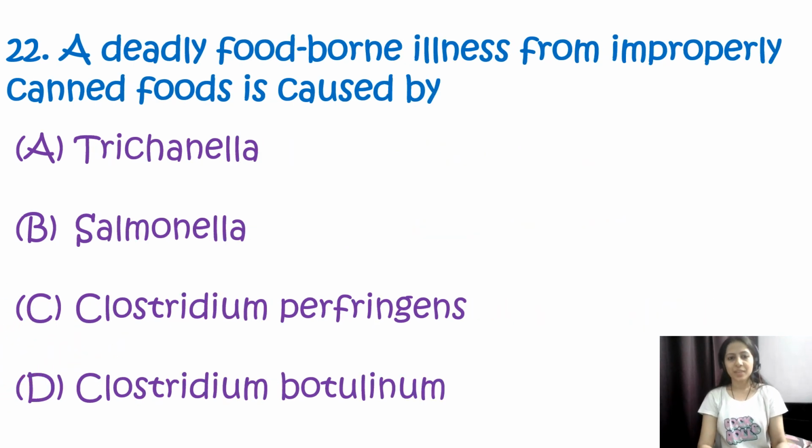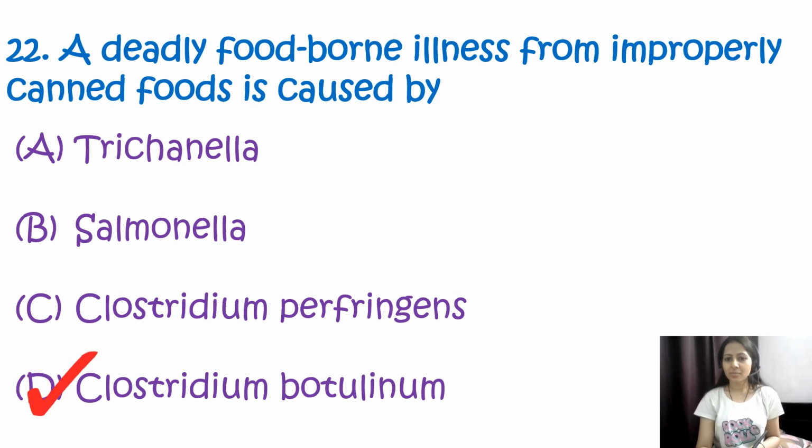Question number 22. A deadly foodborne illness from improperly canned food is caused by. So options are Trichinella, Salmonella, Clostridium perfringens, or Clostridium botulinum. So over here my correct option is D, that is Clostridium botulinum.